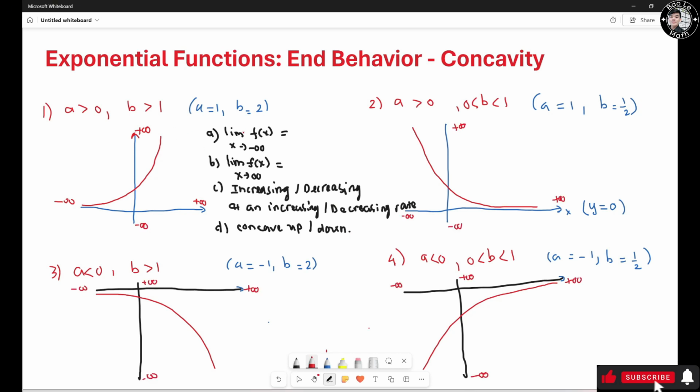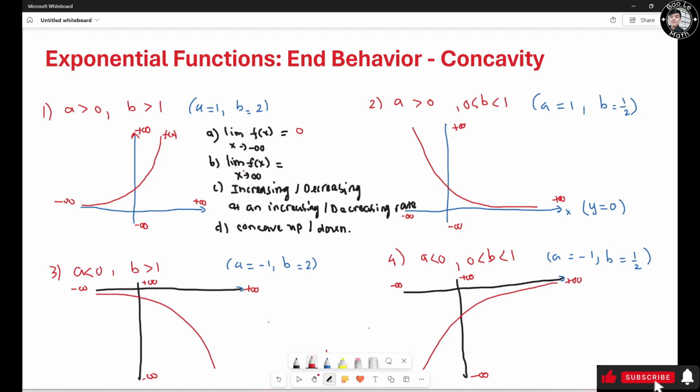Alright, so the limit of the function f of x. So this is the function f of x. When x approaches negative infinity, which means x going further to the left, the function, the red line right here, is getting closer to the x-axis, and as we know, the x-axis means y equals 0. So the limit of f of x when x approaches negative infinity is going to be equal to 0.